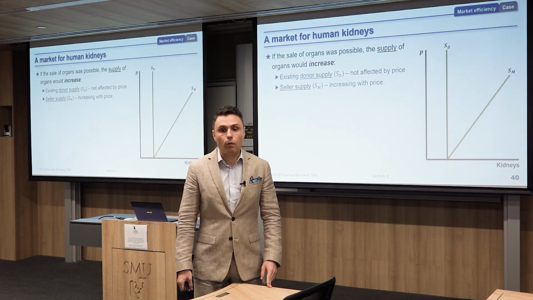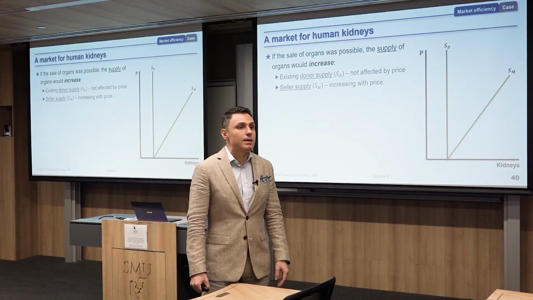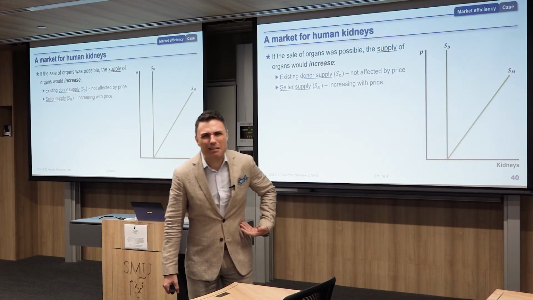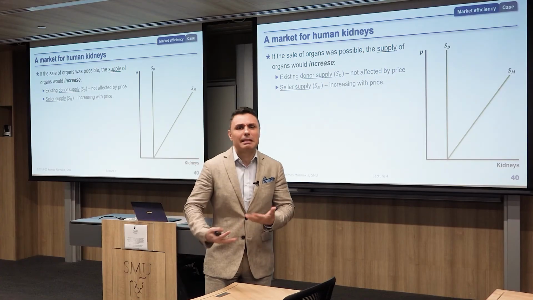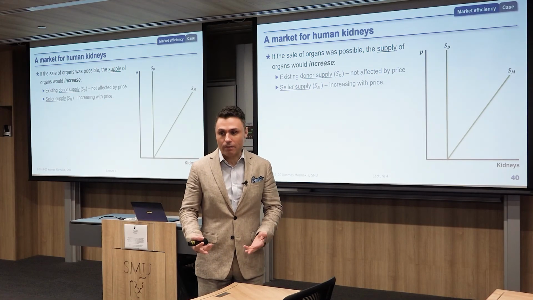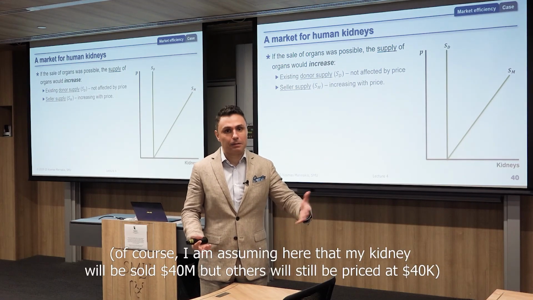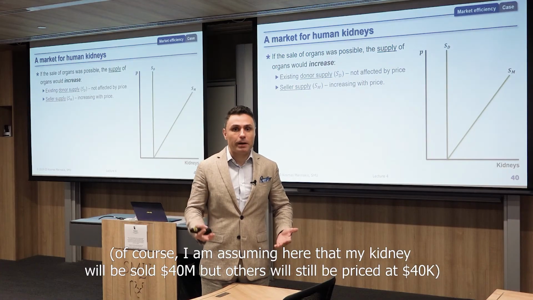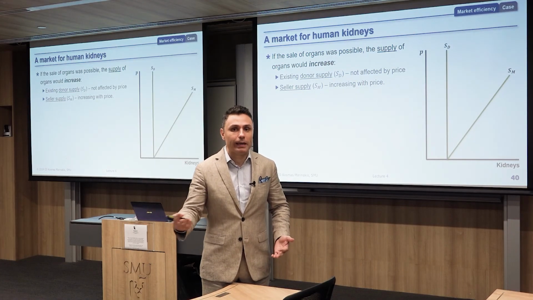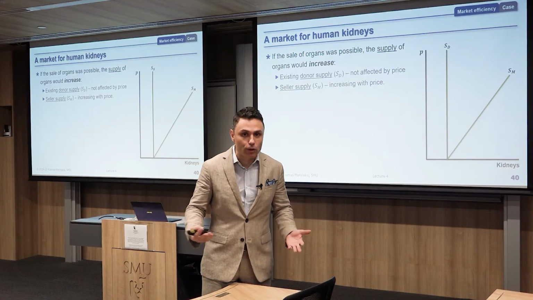But if the price was $40 million for a kidney, I would start trying to convince myself, why do I need it every time? I have the other one, it works fine. And if I have 40 million, I would be able to go buy one more in case I need it, right? So if the price goes up, even I would offer my kidney. And if the price is 40 million, I can tell you that I would offer both of them, okay?